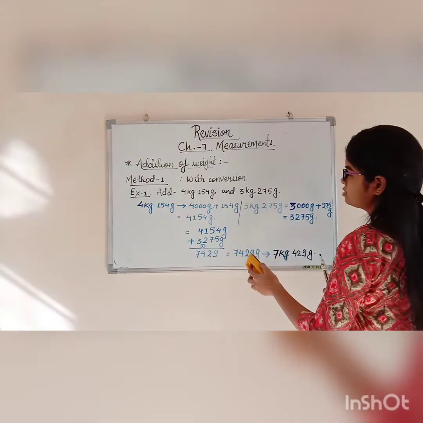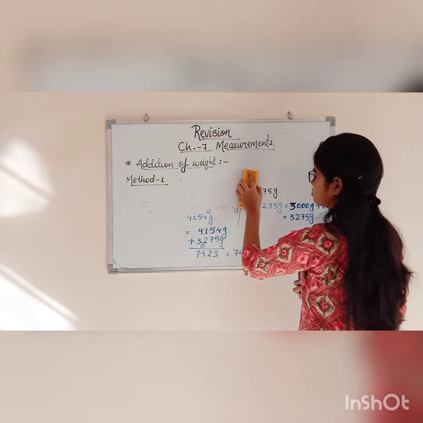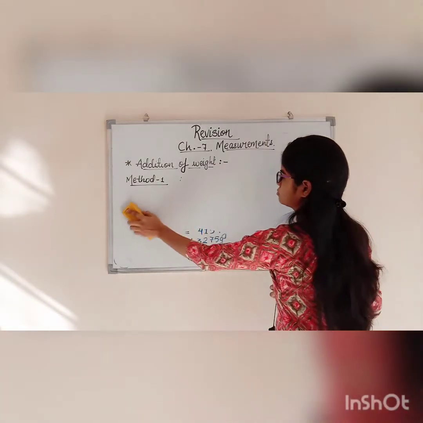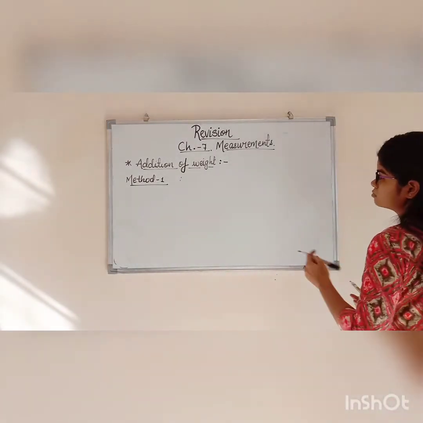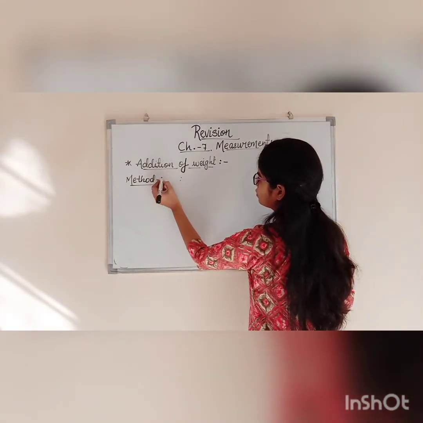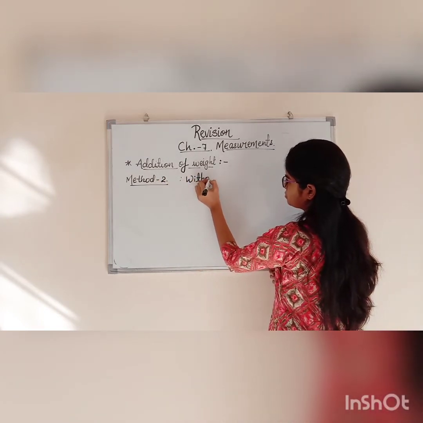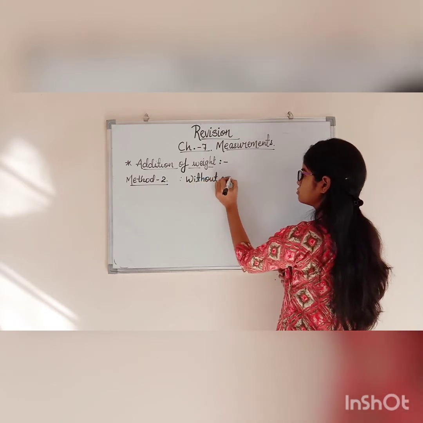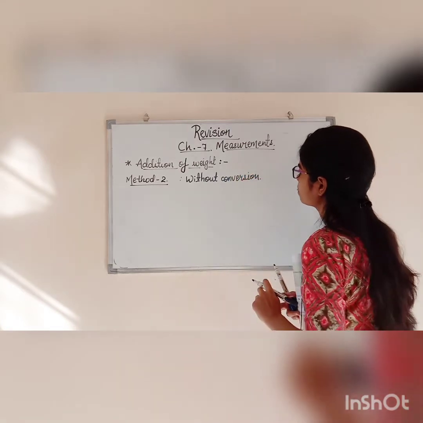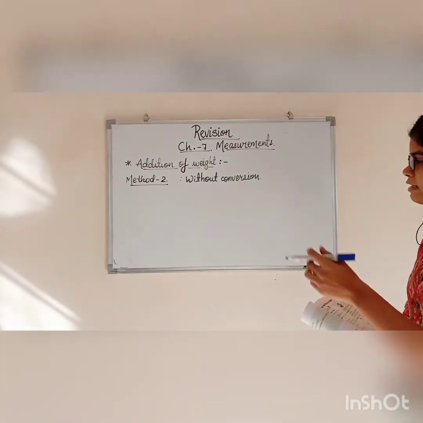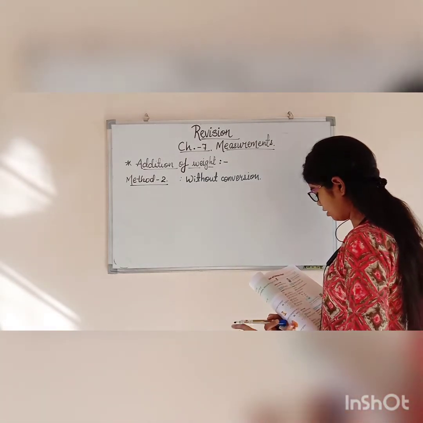Then the next method is without conversion. Method 2 is without conversion. In this method, we directly add the weights, meaning kilograms and grams.